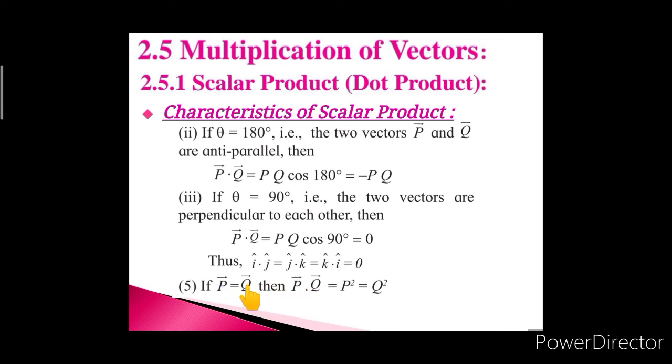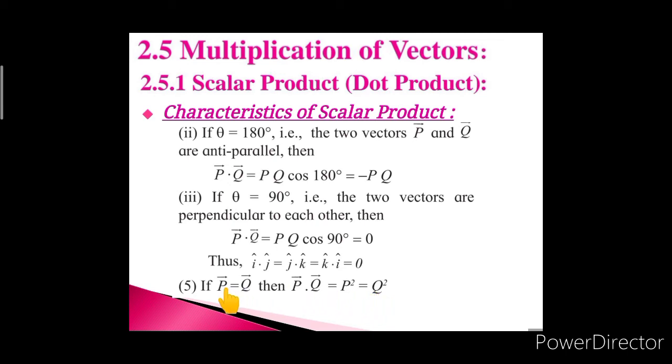As these two vectors have the same magnitude and the same direction, we can say that the angle between them is 0. That's why the value of cos 0 is 1. Then the remaining is PQ only. Now the magnitude is also the same, so we can say that it is P into P or Q into Q.